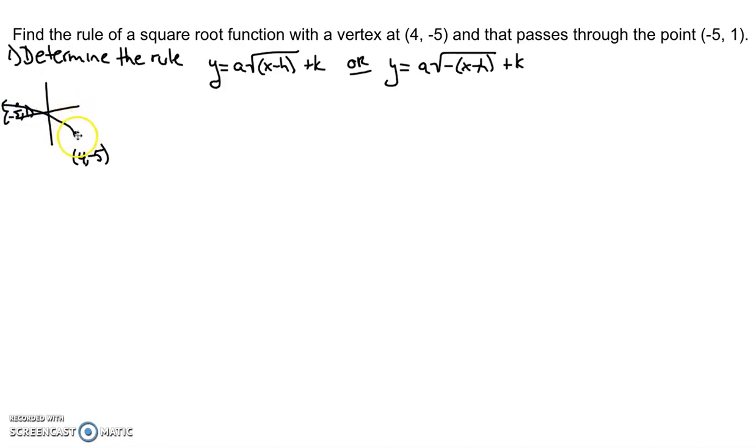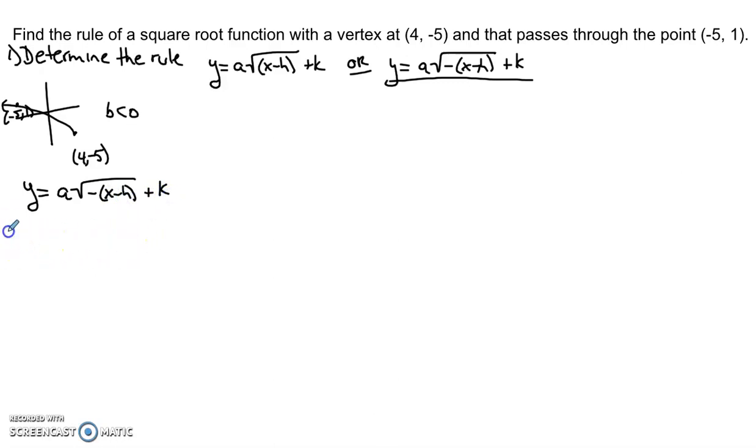Any square root function that heads up and to the left has a b value that's negative. B is less than 0. So we know then that we're going to use this equation to start with: y equals a times the square root of negative x minus h plus k.